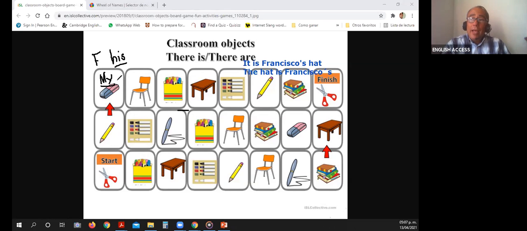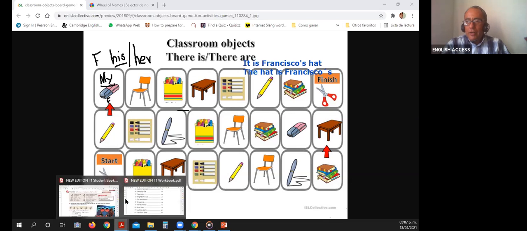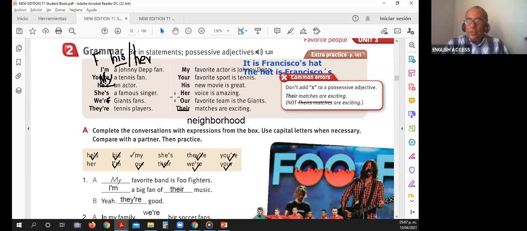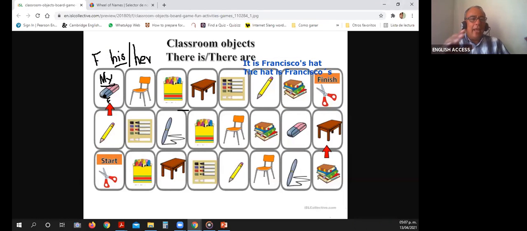If that was Fatima's, it's not his, it will be her eraser, because now I am using these possessive adjectives, right? When I use possessive adjectives, I can say his, her, mine, your, or their.